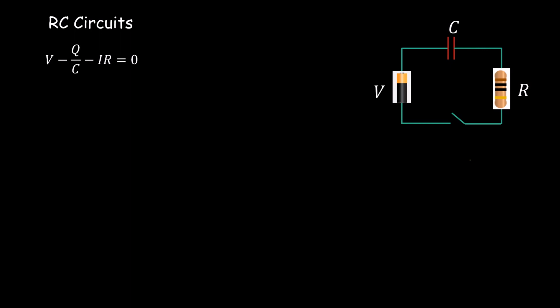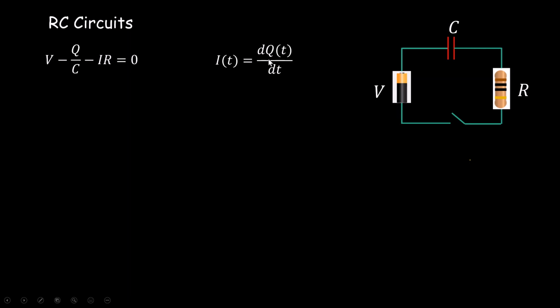That is the loop rule for this circuit. And this is an equation that has Q in it and also has current in it. But the current and Q are related. The current is actually the rate of change of Q in this case. And current as a function of time is the derivative of Q with respect to time.